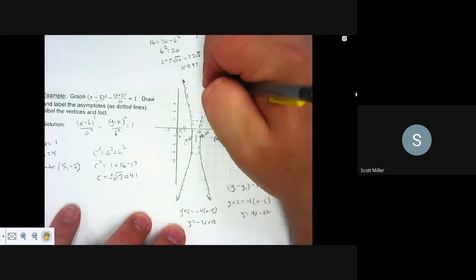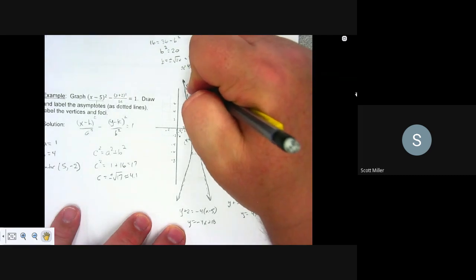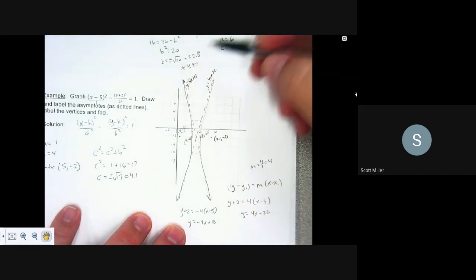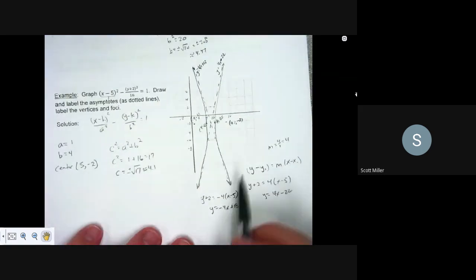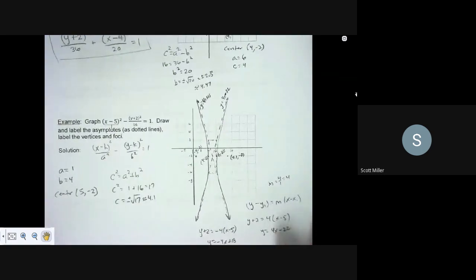So this one right here is y equals 4x minus 22. And this one is y equals -4x plus 18. And if you look at the dotted line, that's about where it's heading. -22 here, positive 18 over there. So there's your hyperbola equations.